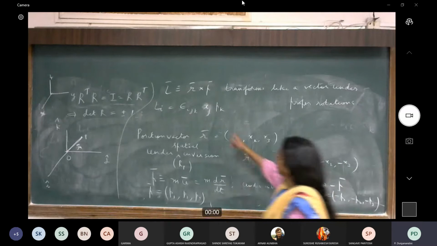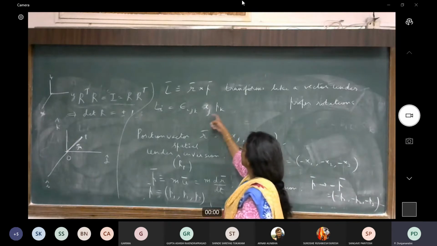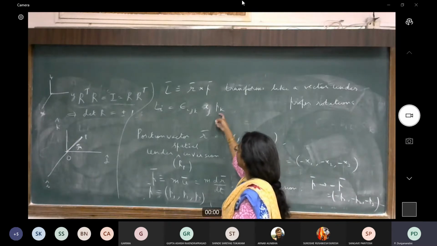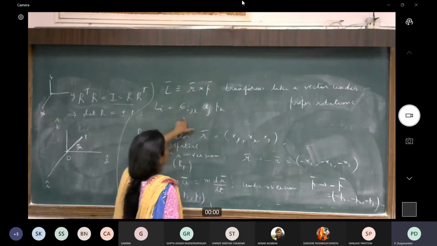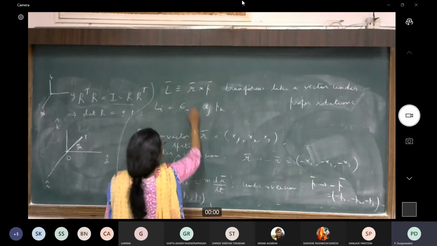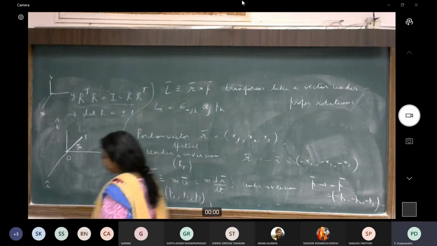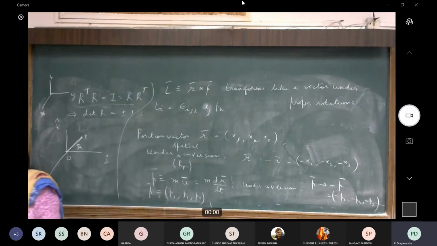Because here I combined two tensors of rank 1, which becomes a tensor of rank 2, and then I've taken this third rank tensor, combined it with that, and contracted it with two indices. So I should get a first rank tensor. Under proper rotations, it will transform like a vector.